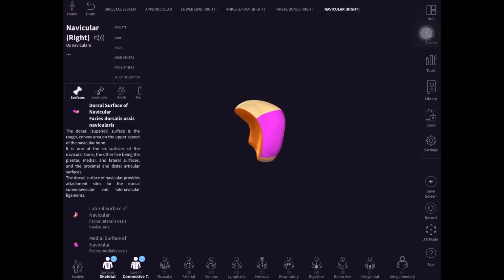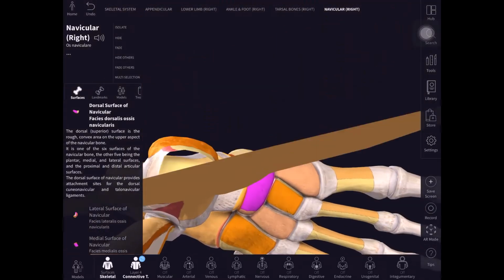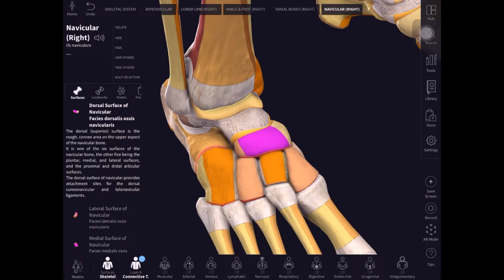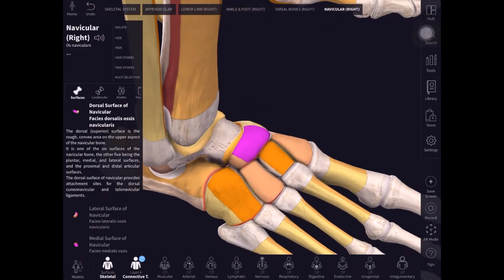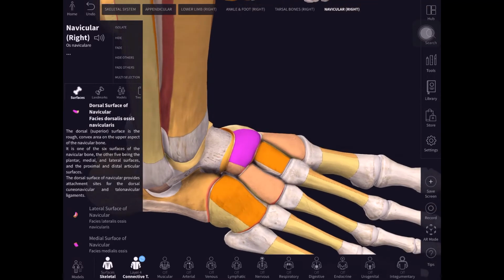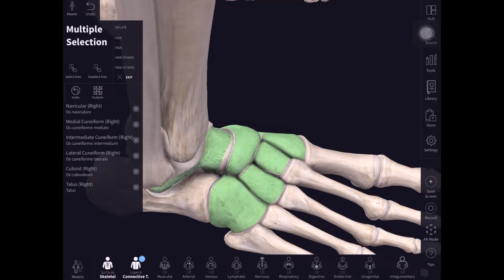If you keep it in anatomical position, the best way is to keep the other bones in place. Now you can see here, this is your anterior in the front. So let us separate this. We can do multi-selection. 1, 2, 3, 4.